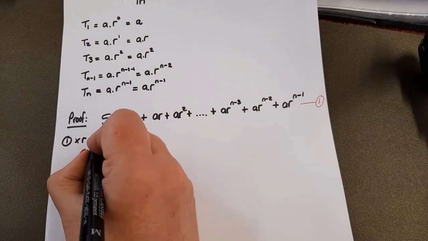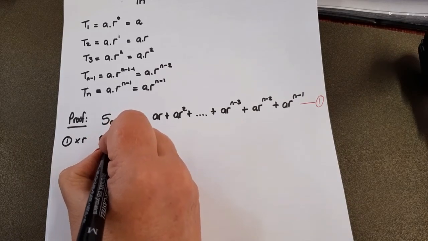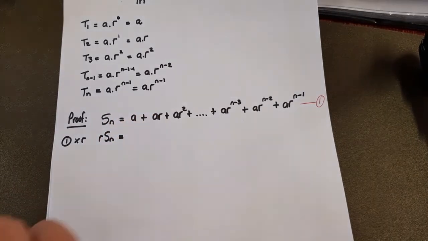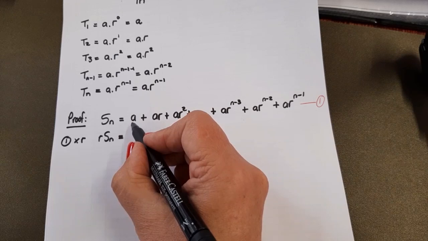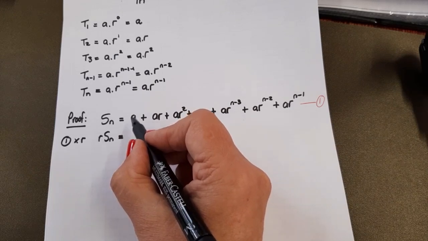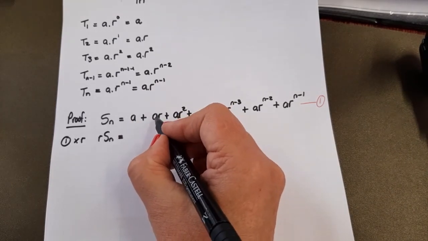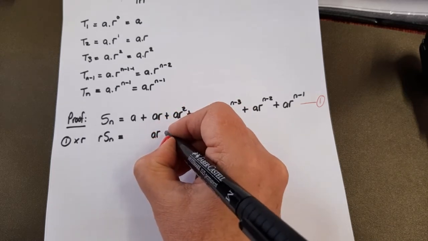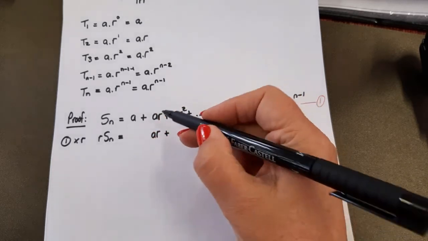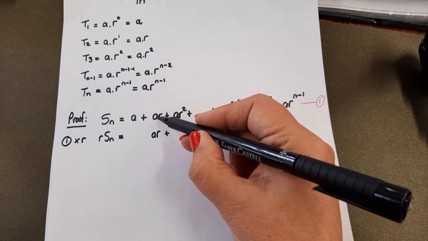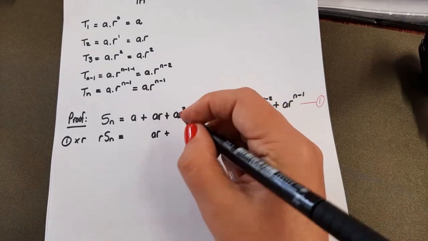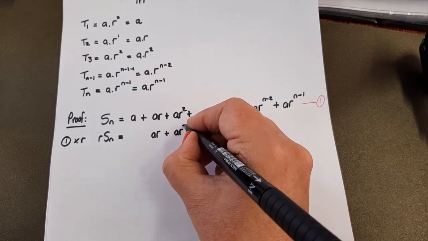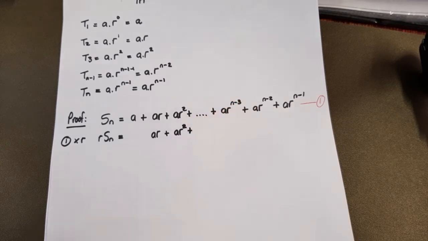So here we will get rSn equals a times r will give you ar. So just to be clever, I'm going to write it below the ar. Plus, if you take ar and you multiply it with r, you will get ar squared, etc.